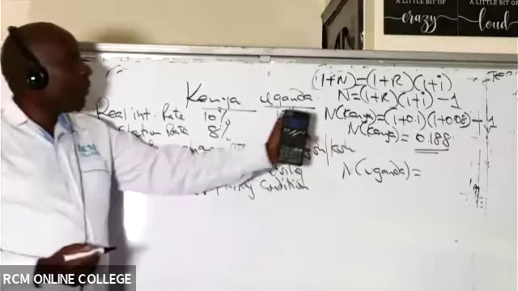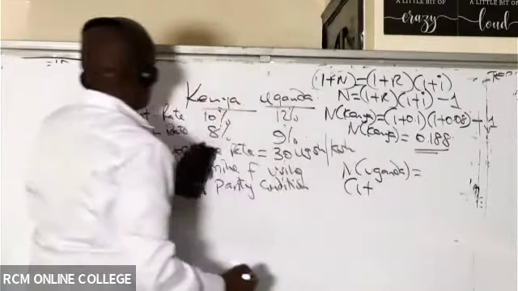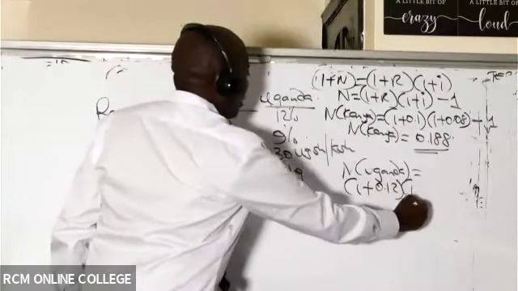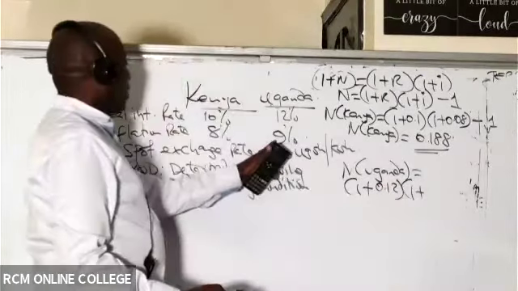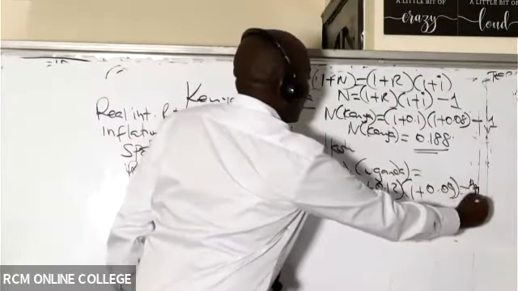So nominal Uganda, I'm using the same formula. I have here 1 plus the real rate of return in Uganda, which is 12%, that is 0.12, into 1 plus the inflation rate in Uganda, which is 0.09, minus 1.